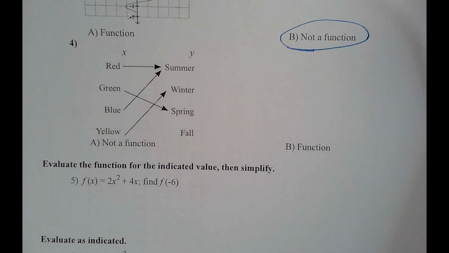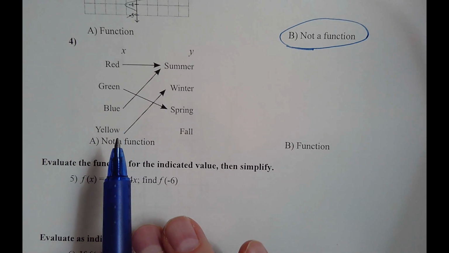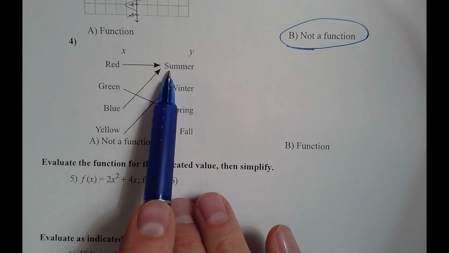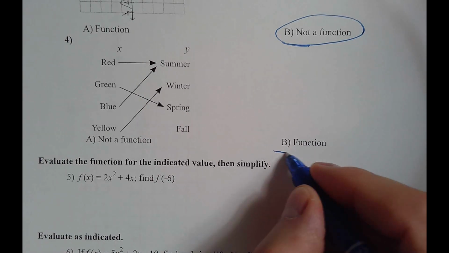That's okay. I don't have an X value going to more than one Y value. Now, it's true that I have Y values that are coming from two different X's. We're not worried about that. We're worried about, do I have a specific X value that's giving me two answers for Y? And we don't have that here. So this is a function.